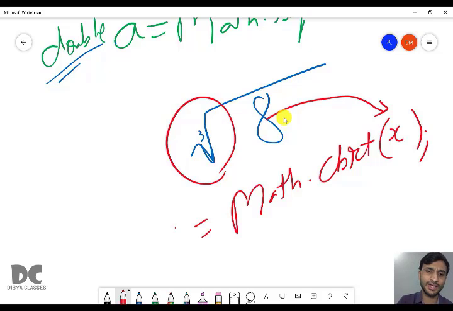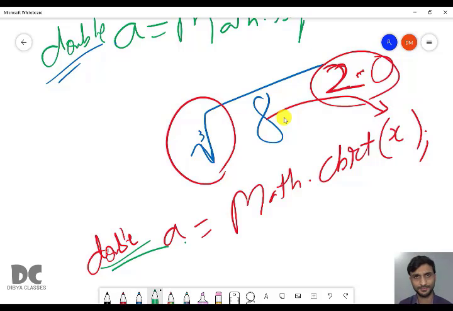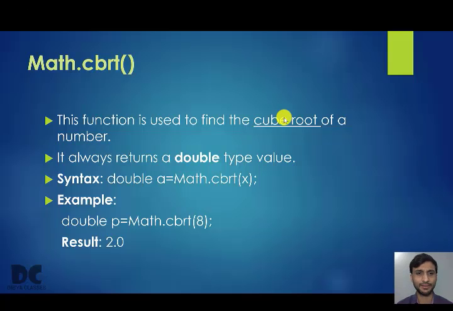And again the answer will always be in double type. So the answer will be 2.0, right? 2 into 2 is 4, 4 into 2 is 8. So the answer will always be in decimal and it will be 2.0. Clear? You have to remember Math.pow, Math.sqrt, Math.cbrt. Every time the output will be in double data type.